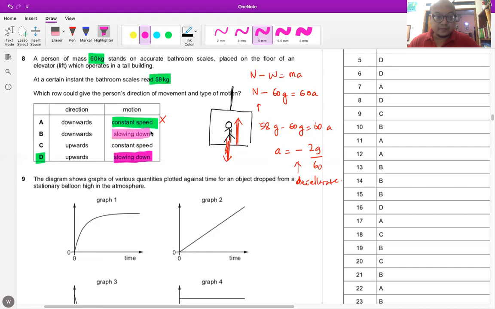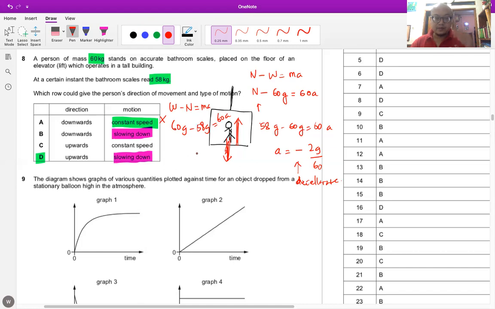Slowing down, but not downward. Why? Because if it were downward, then W minus N equals ma, so 60g minus 58g equals 60a. 2g equals 60a, so a equals 2g over 60.